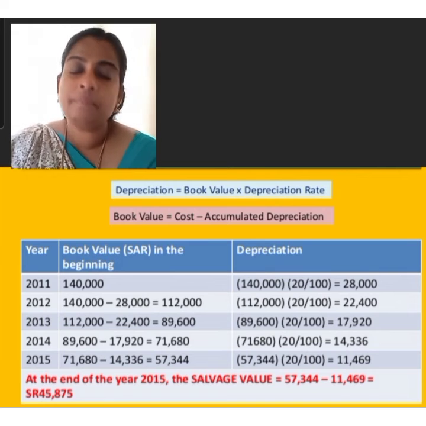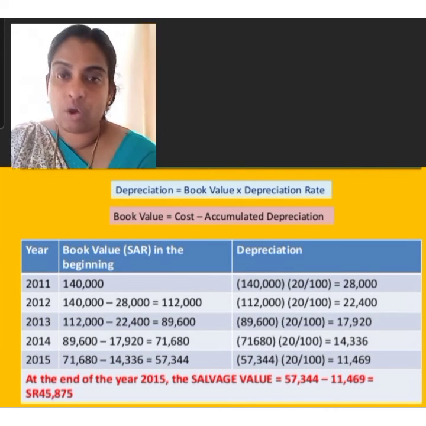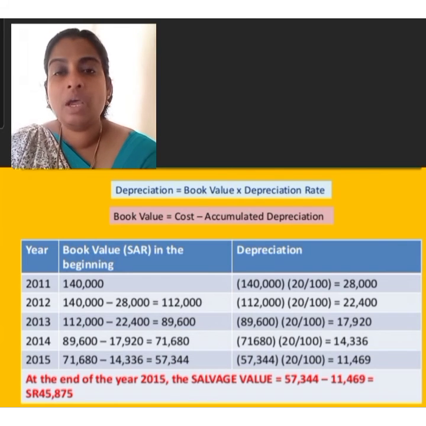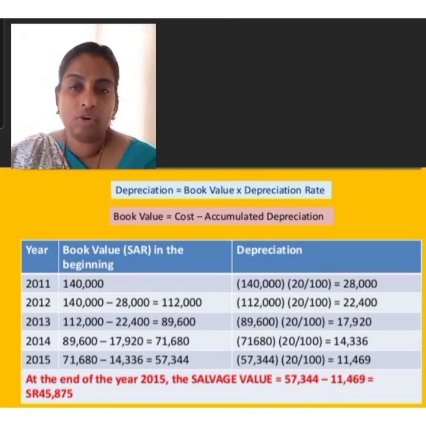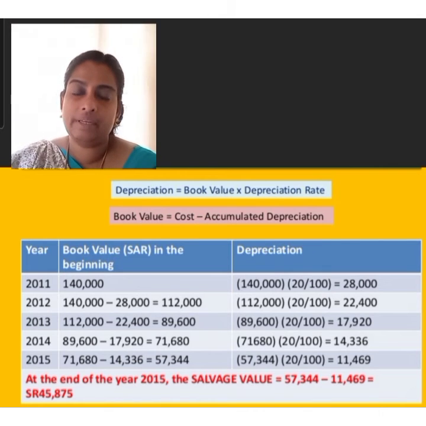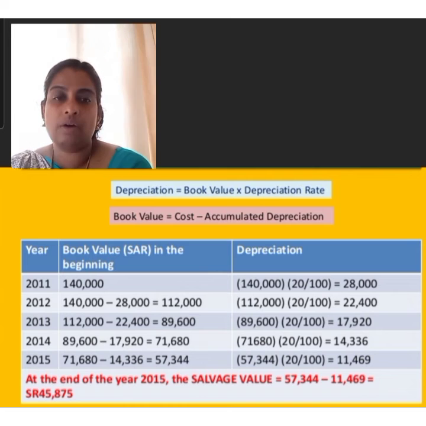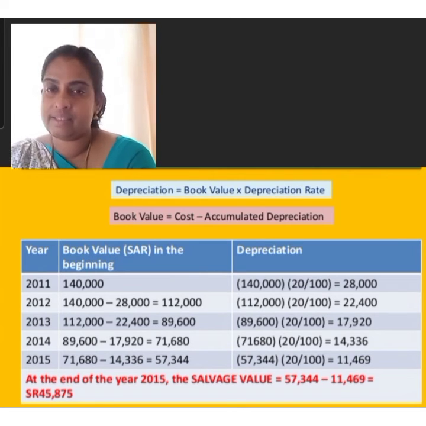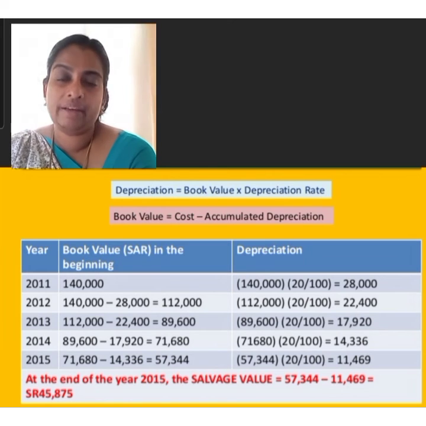Same day, the entry for depreciation written off: profit and loss account debited to depreciation account, 17,920. Then at the end of the fourth year, depreciation charged: depreciation account to machinery account, 14,336. Then pass the journal entry for depreciation written off: profit and loss account debited to depreciation account, 14,336.